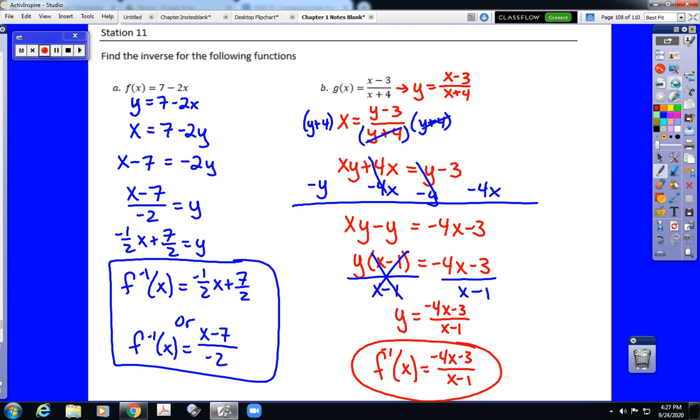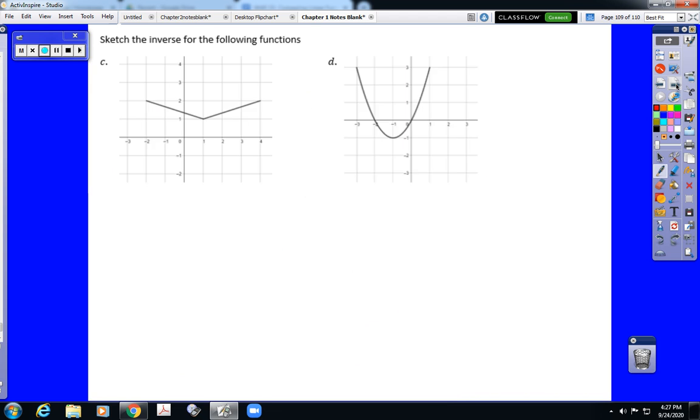The next portion covers finding the inverse from a graph. Remember that what we're doing here is we are taking the basic points, the important points of the graph. There are 3 of them. They are the points -2, 2, 1, 1, and 4, 2 on the function itself.